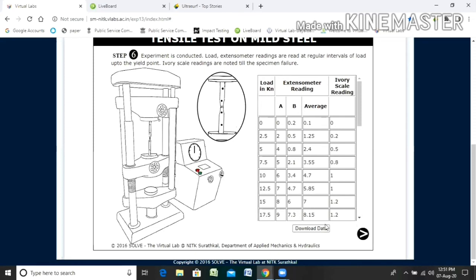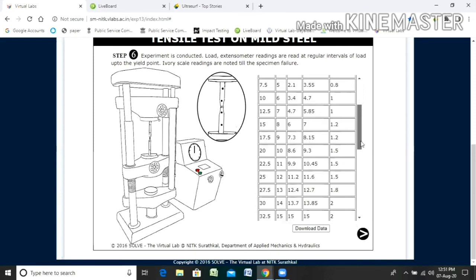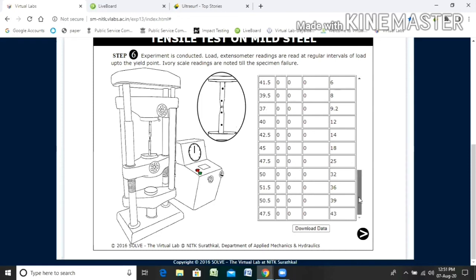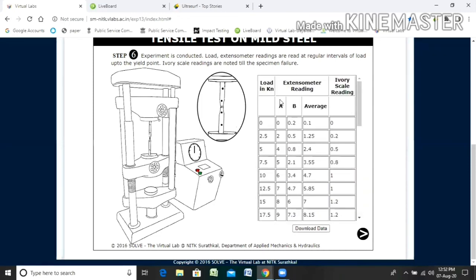Now see the data. These are all the data we were talking about. First we applied 0 load for the first case. A and B are the two extensometer readings. For A it is 0, and it will be 0 or 0.1, near about that reading.